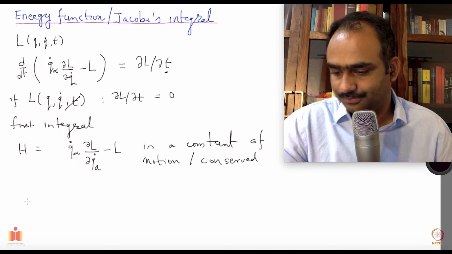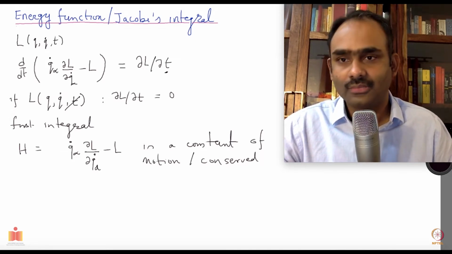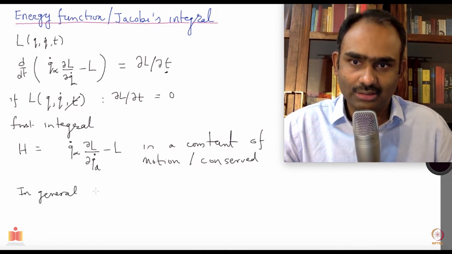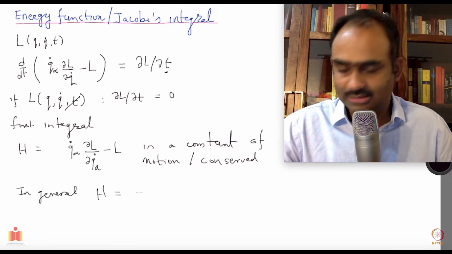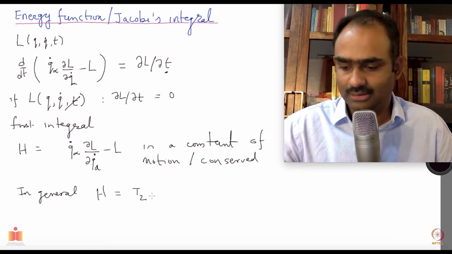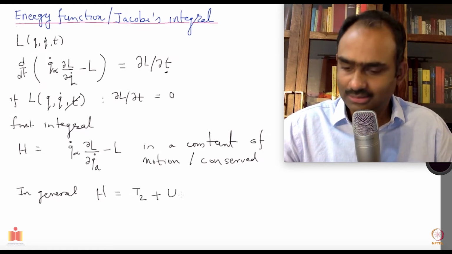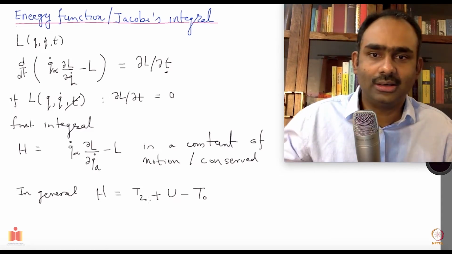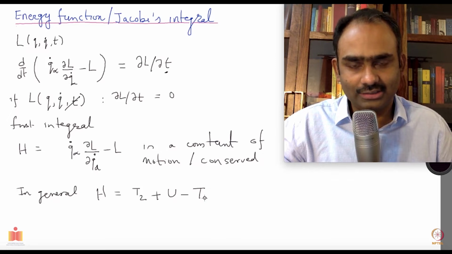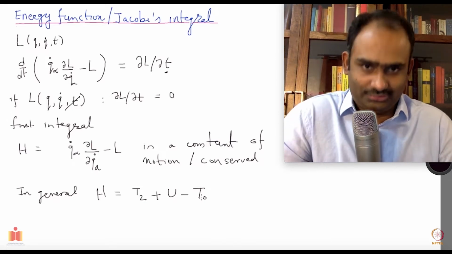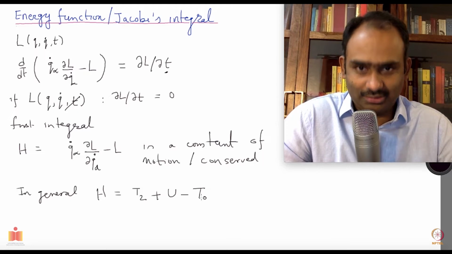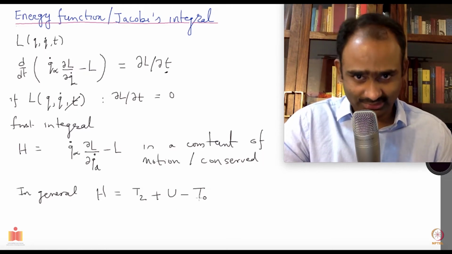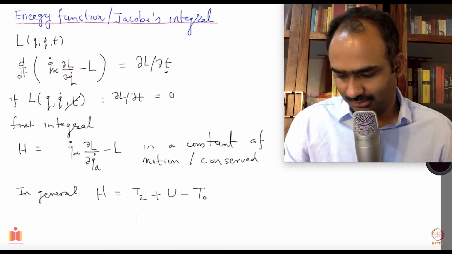Very good. And we also found that in general, h is T2 plus U minus T0, where recall T2 is the term which is quadratic in generalized velocities, and T0 is the term which is independent of generalized velocities, and the same is true of U. So U and T0 are on the same footing here, and that is what we found.